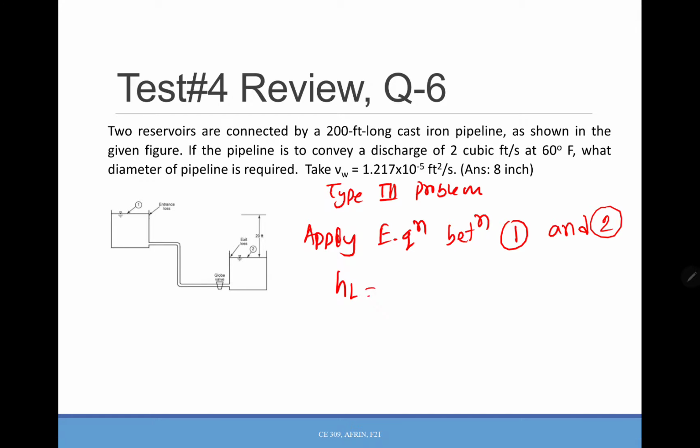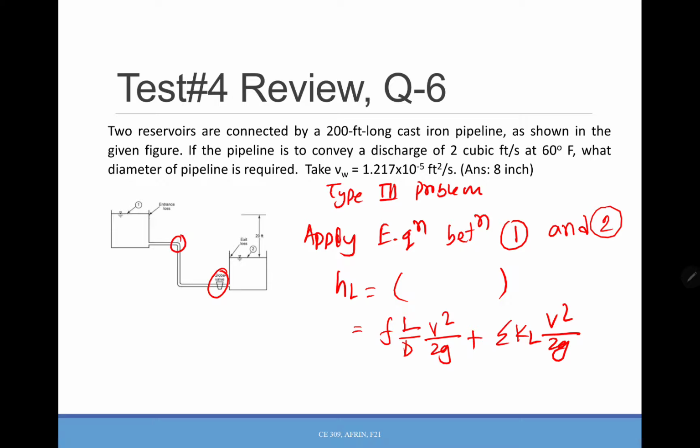That will give you a head loss value, and then you can set that head loss as f L over D v square over 2g plus summation of KL v square over 2g. Now you need to find what the minor sources are. So here minor sources are globe valve, 2 elbows, flush entrance, and the exit. So that will give you the KL, and you will have everything here except the f value.